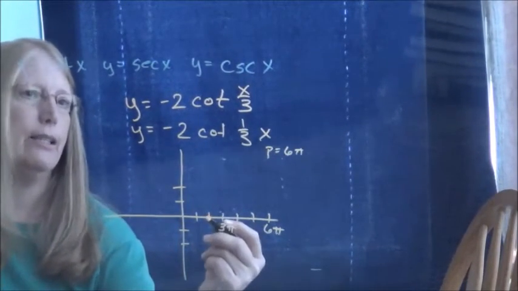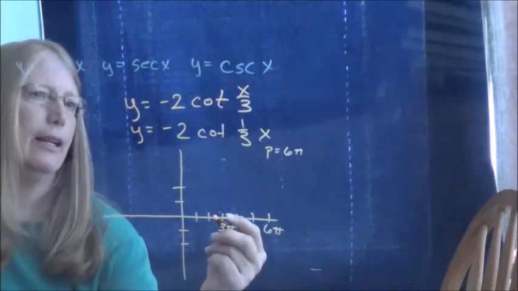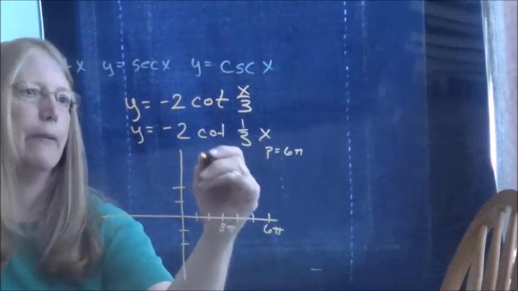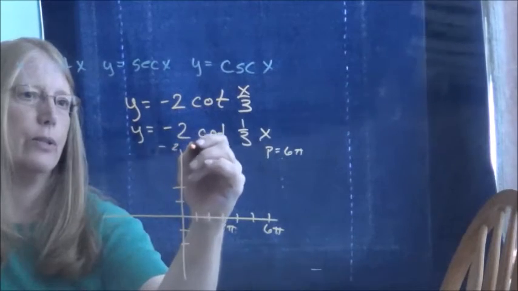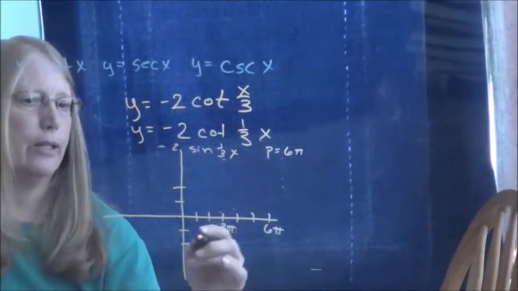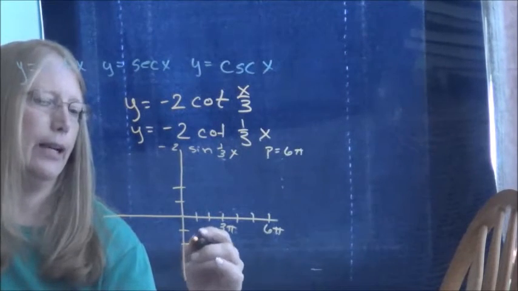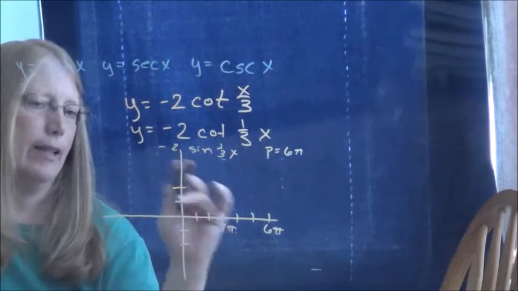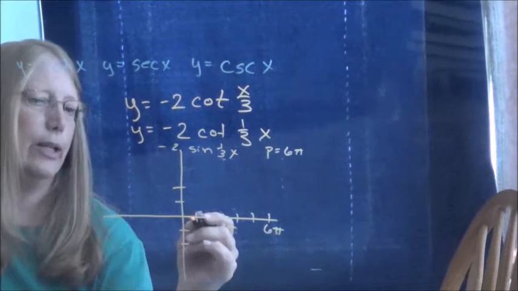Alright, don't be stingy. So now I'm going to graph the helper function, which is -2 sine 1/3 x. So it's going to start here down low. I'm sorry, it's upside down. It's going to start and go low.